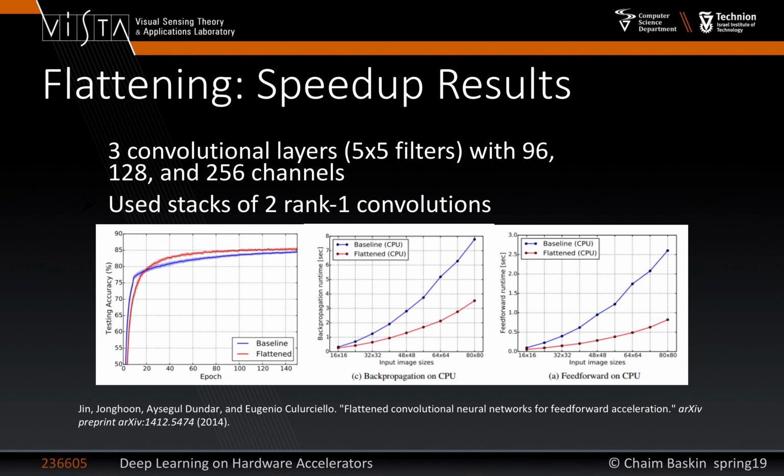Here we can see that on a given input image size, the backpropagation runtime and the feed forward runtime are dramatically decreased. The red plot is our flattened convolutions, and the blue line is our baseline. So we dramatically reduce the time we need to calculate the operations.